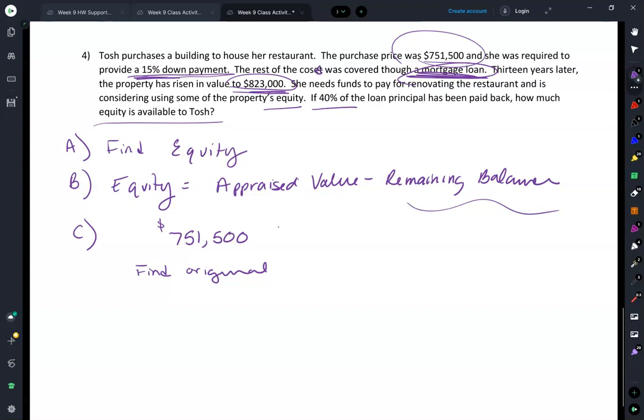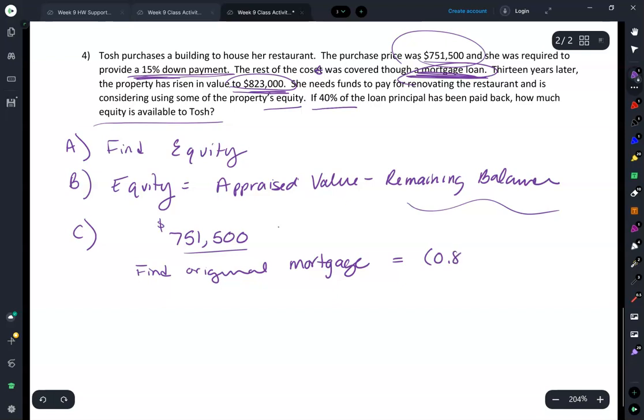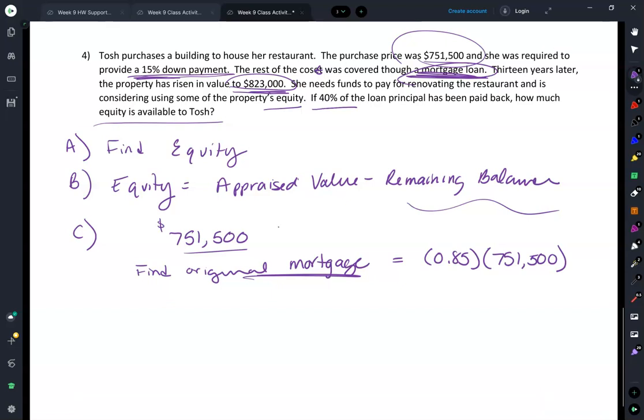So we can say that she had to pay 85% for the mortgage itself, or the mortgage was 85% of this $751,500. And I'll let you crunch those numbers on your own. But whatever you get for that value will be the original mortgage that she had.